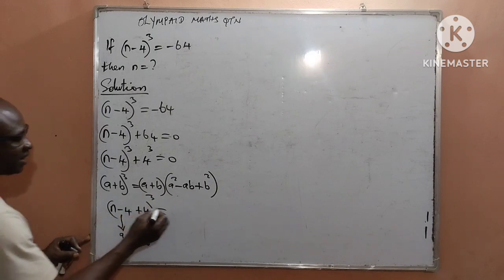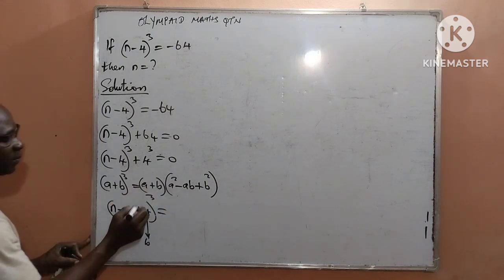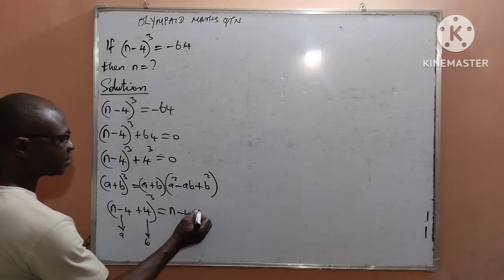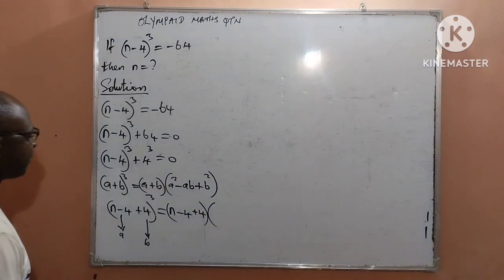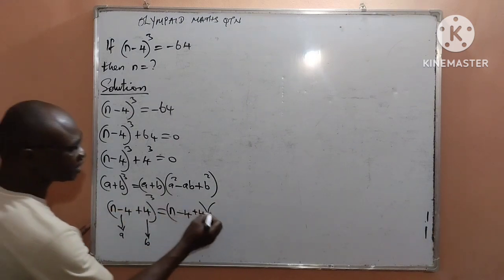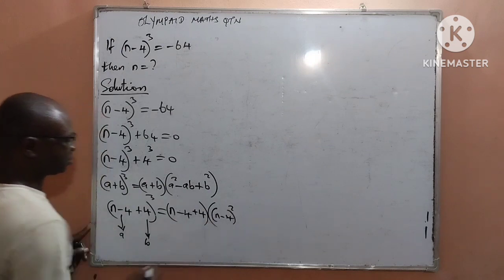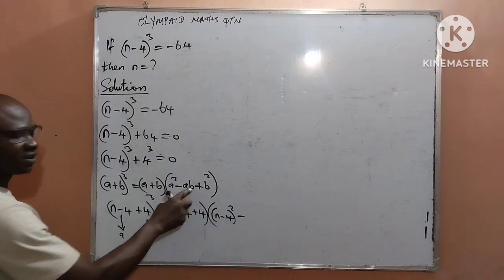So if I want to expand this, it is now going to be a plus b, which is n minus 4 plus 4. So n minus 4, then plus 4 into the first bracket. And in the second bracket, I will have a, which is n minus 4 raised to the power 2. Okay? That is a squared. Minus ab.